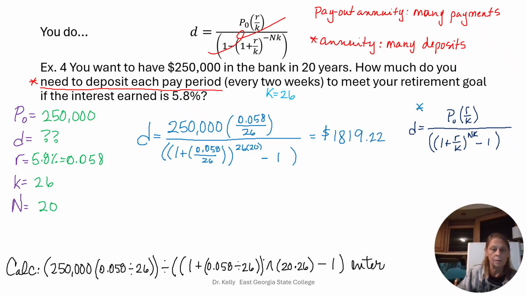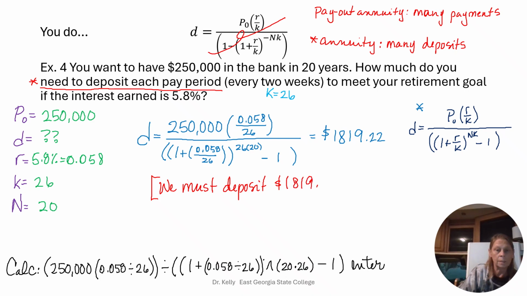All right, so let's write our sentence here. We must deposit $1,819.22 to reach the goal. Okay, cool. Let's see what's next.